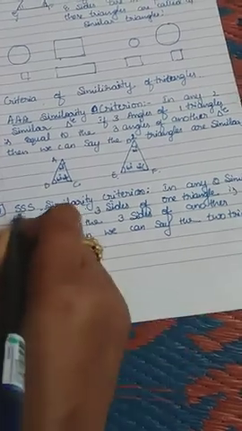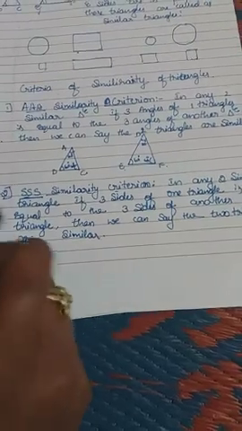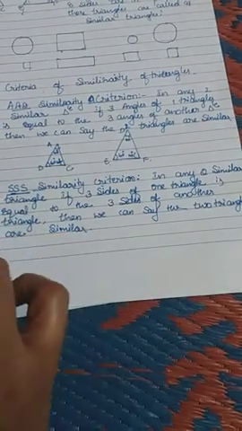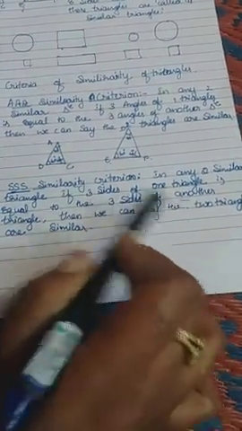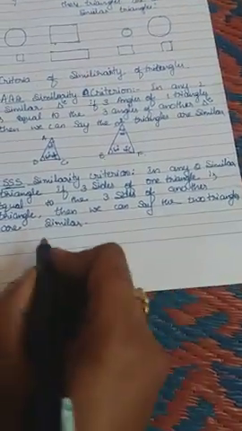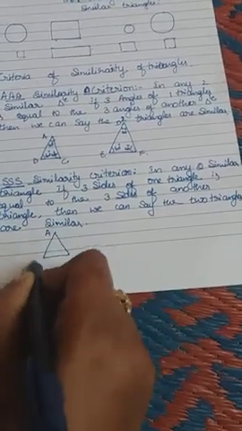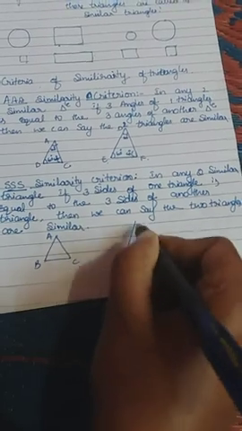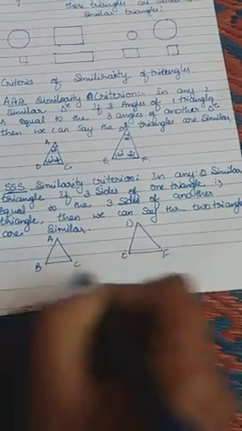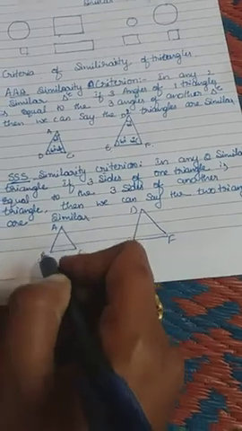So by this we can say it, no need to learn it, you have to try to understand this. In any two similar triangles, if three sides of one triangle are equal to the three sides of another triangle, then we can say the two triangles are similar. A good example: this is one triangle ABC, and this is another triangle DEF. It is not mandatory to give the names ABC and DEF only.